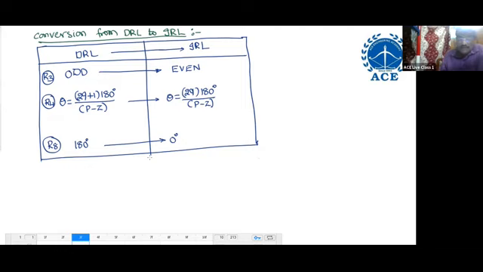That's all. Now, what is the purpose of angle condition? What is the use? What can we do by using this angle condition?